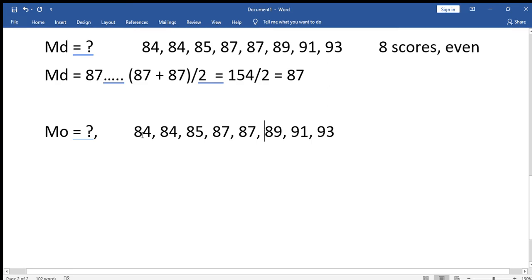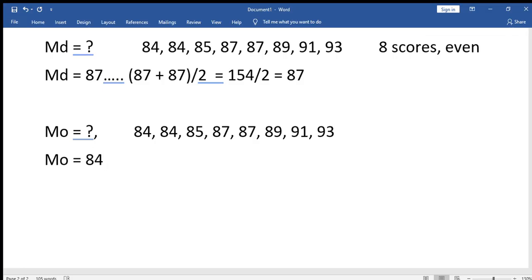So in our distribution, there are 2 scores which appeared twice. We have 84 and 87. So this means our mode here would be equal to 84 and 87.